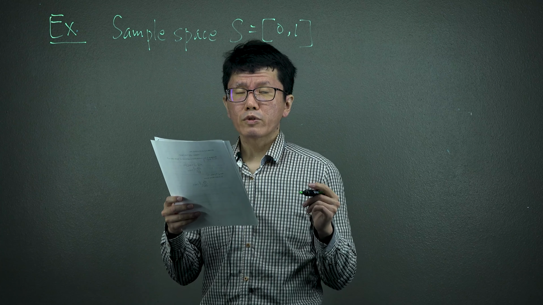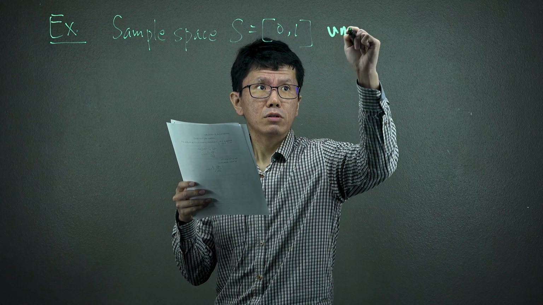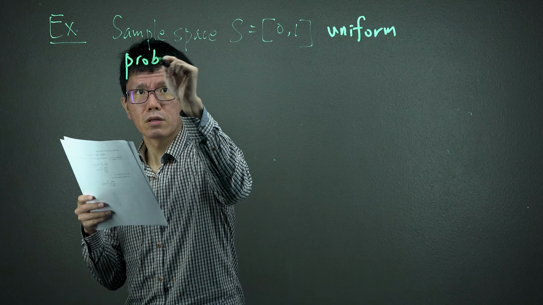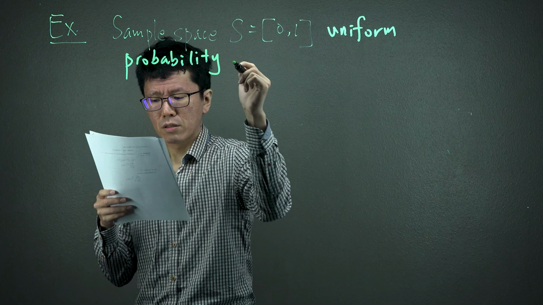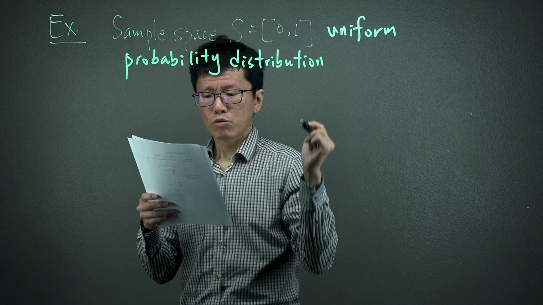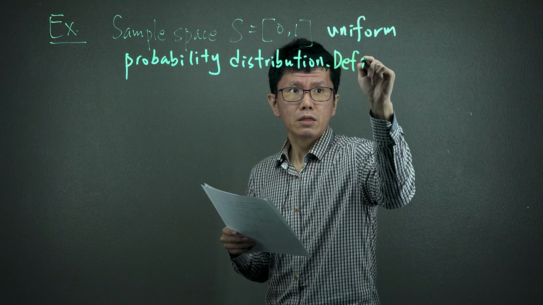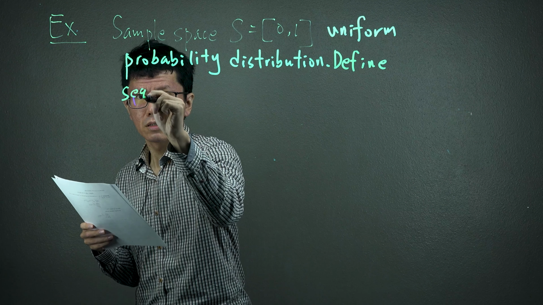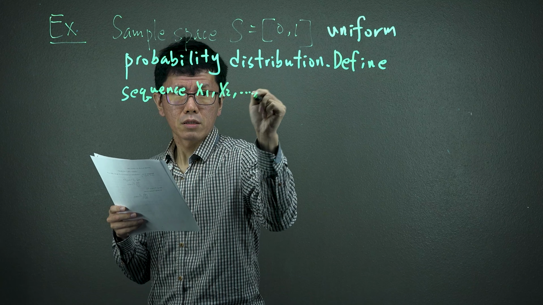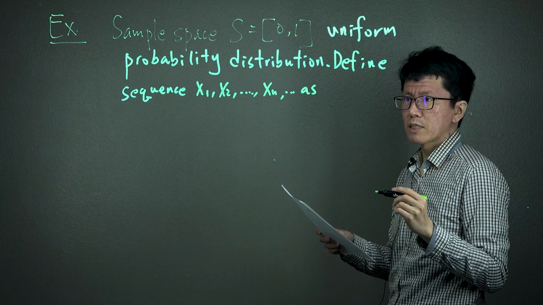So let's say we have the sample space as the interval 0 to 1, and we have a uniform probability distribution, and we define the sequence X1 through Xn as follows.